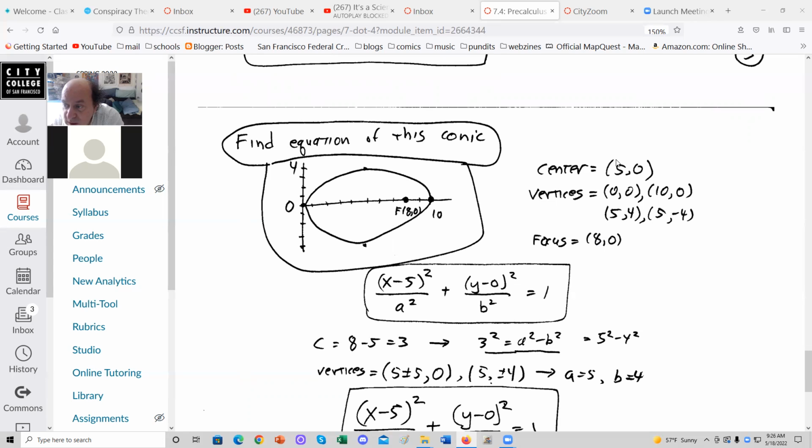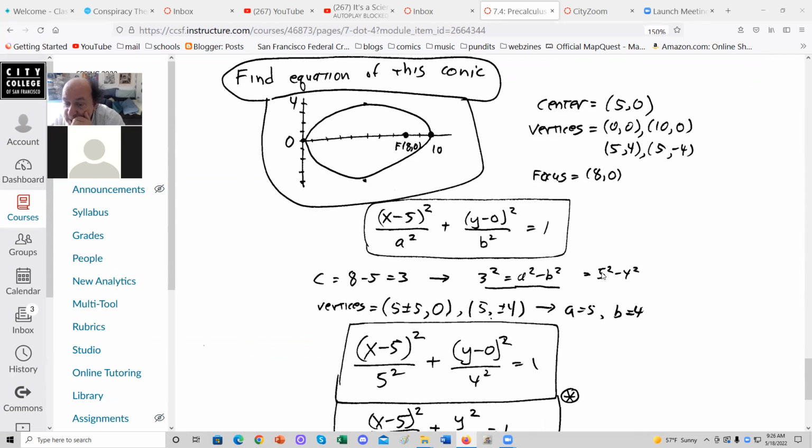So from the center, we write x minus 5 squared over something squared plus y minus 0 squared over something squared equals 1. Well, what is the distance to the center? The distance is 5 to 8, and that's 3 units.